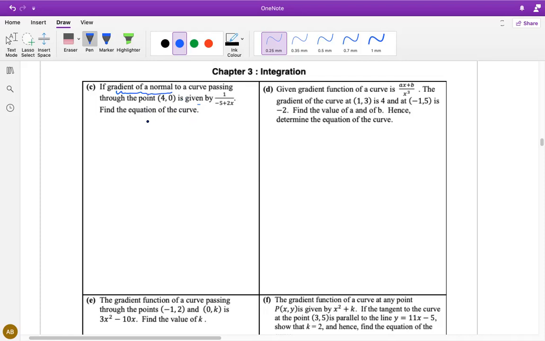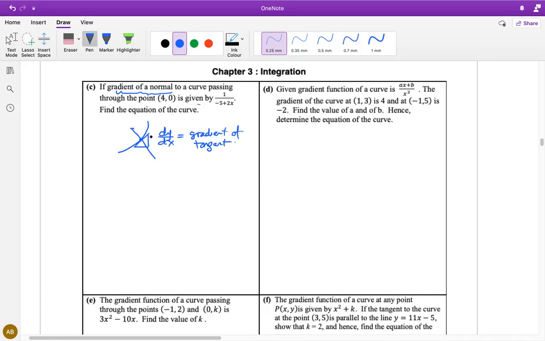When we have a curve, we find the gradient dy/dx. This is the gradient of the tangent. Now the question gives you the gradient of the normal.